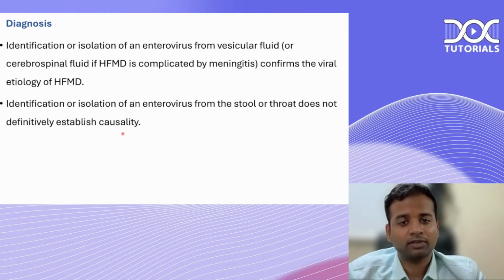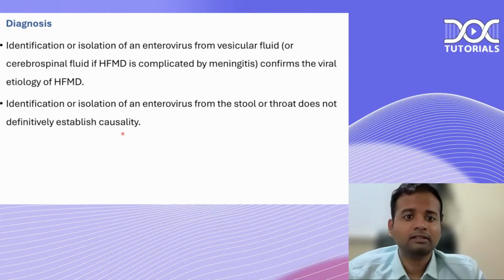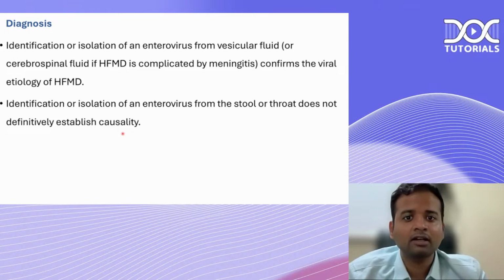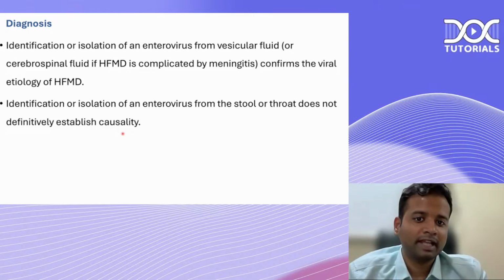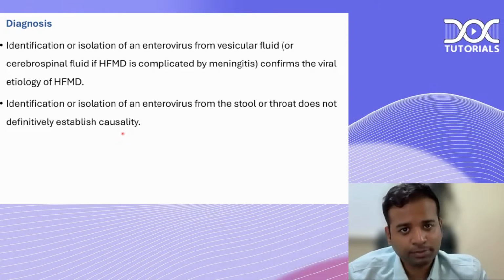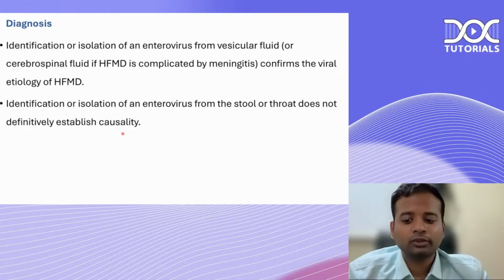Identifying enterovirus in the stool PCR will not tell that the child has disease. He might be shedding asymptomatically. That is a very important point. Just identifying the PCR will not help you diagnose the disease. Clinical symptoms should be there, clinical signs should be there. Then only you can confirm that this is the pathogen.